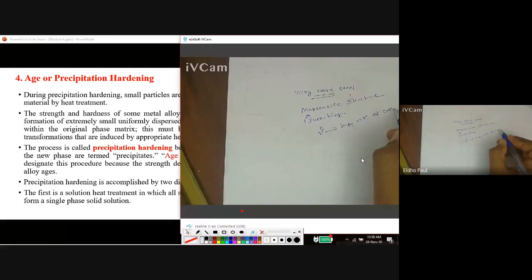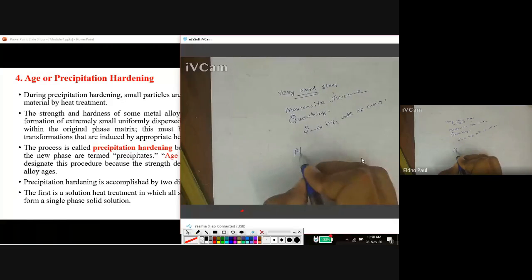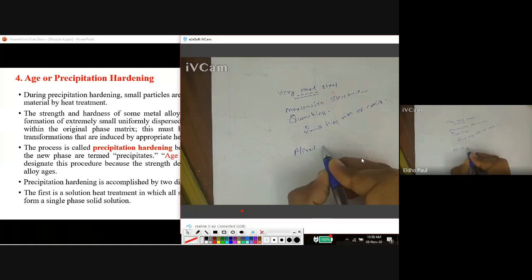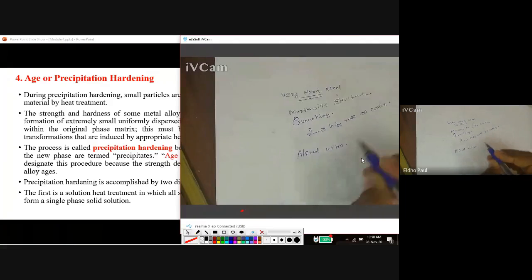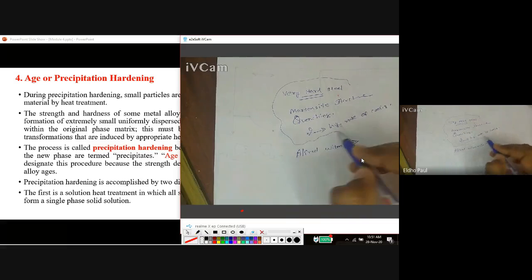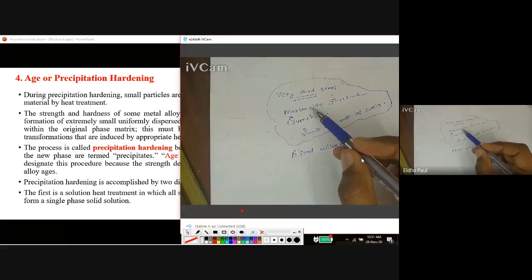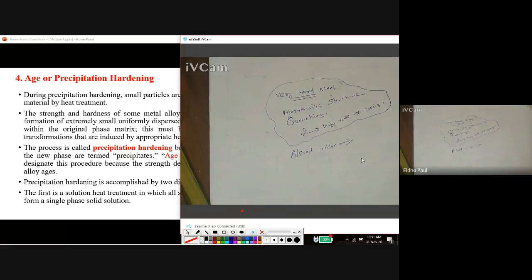So Alfred Wilm discovered this age or precipitation hardening, and he did some experiments based on this. For steel, by very high cooling rate or quenching, we can produce a very hard material called martensite.